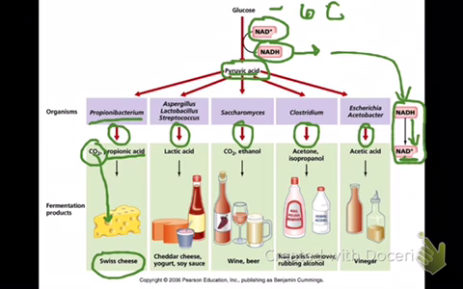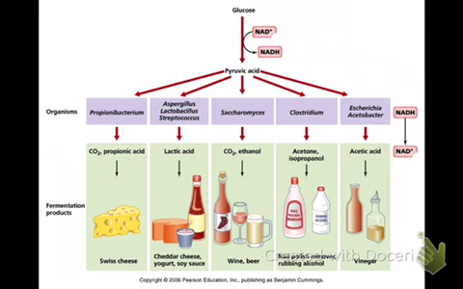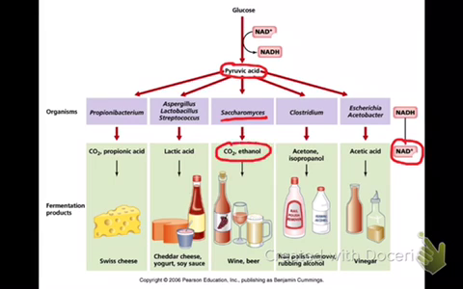If we're looking at pyruvic acid going to lactic acid, that's a reaction that organisms such as Lactobacillus and Streptococcus use, and in the process of doing that in milk, they will produce yogurt. Now, if we look at the situation that involves Saccharomyces cerevisiae, it regenerates NAD by converting its pyruvic acid to carbon dioxide and ethanol.